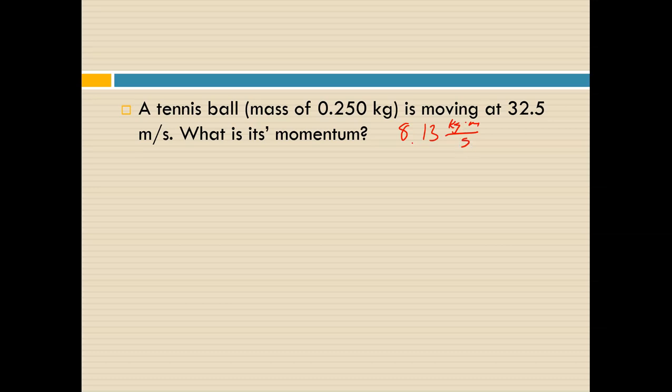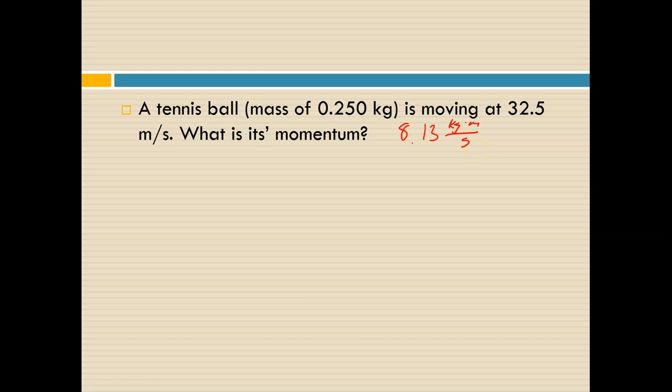We don't have a special name for it. So unlike force, where we have the Newton, which is 1 kilogram meter per second squared, our unit of momentum is just mass times velocity, kilogram times meters per second. See where we're going here? So when I'm asking 8.13 what, now you know.